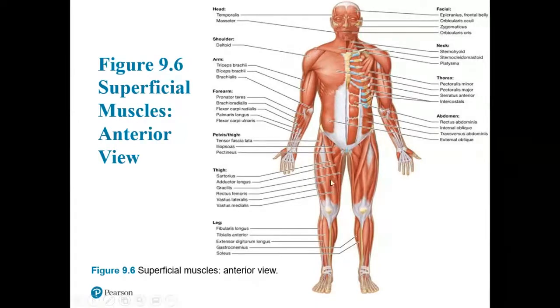Again, those are collectively known as the quads, but they're mostly made up of rectus femoris, vastus lateralis, and vastus medialis, right? What do they do? Well, they insert onto the proximal end of the femur. All right, so they're going to insert up here on the femur.